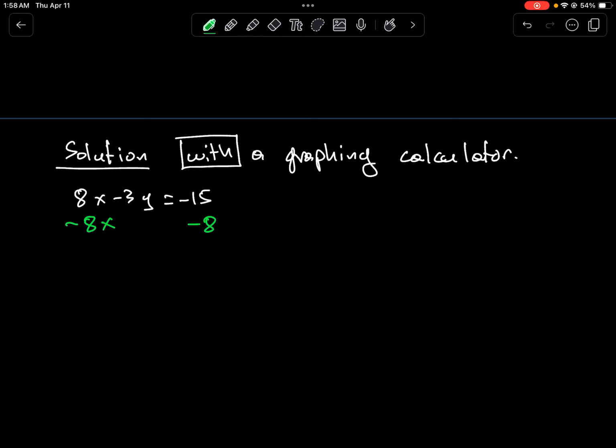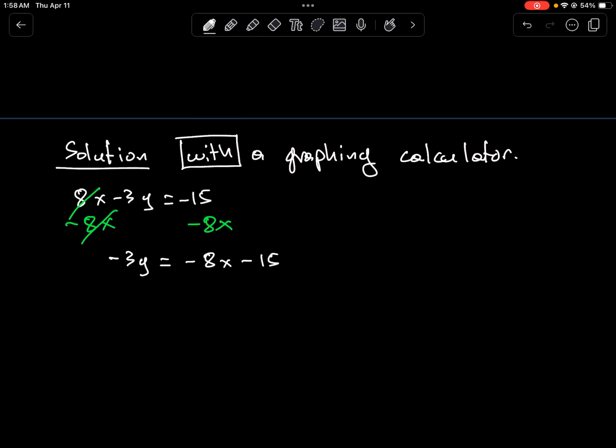And what I get is negative 3y equals negative 8x minus 15. No other term to cross the bridge, but now I have to fully isolate by getting rid of this negative 3 that multiplies the y. How do I get rid of it? By dividing by negative 3. So the division property of equality, I'm going to divide both terms.